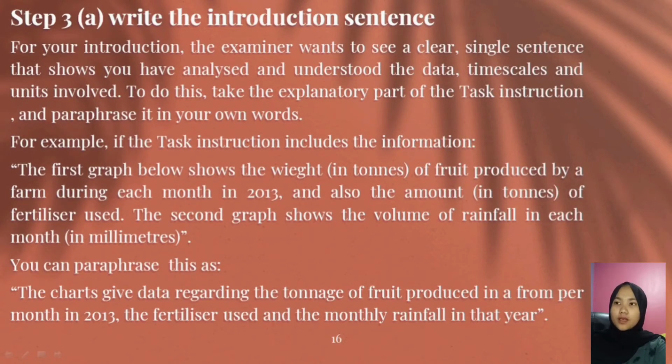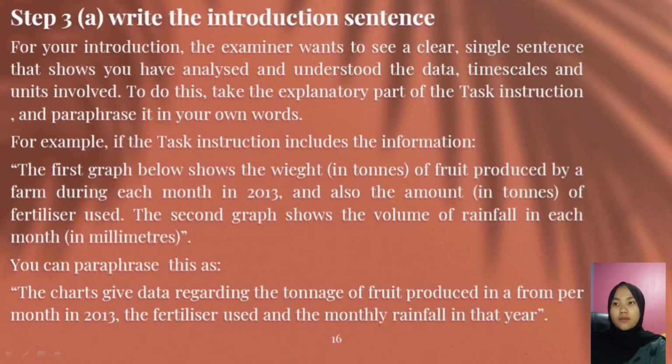For example, if the task instruction includes the information, the first graph below shows the weight in tons of fruit produced by a firm during each month in 2013, and also the amount in tons of fertilizer used. The second graph shows the volume of rainfall in each month in millimeters.